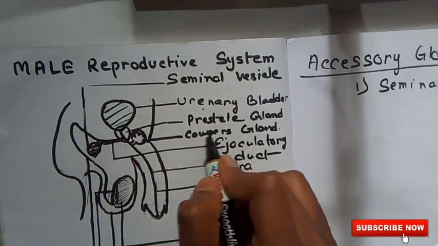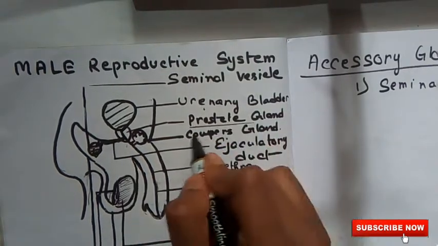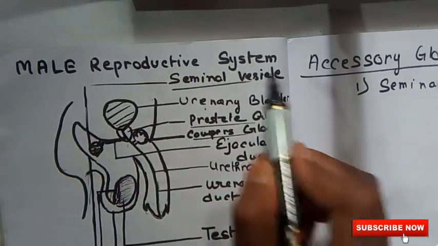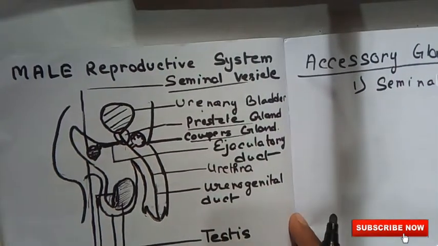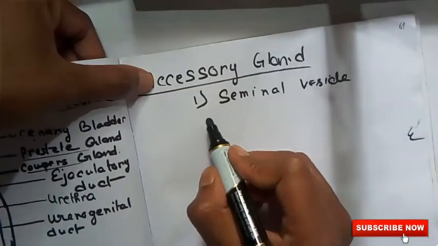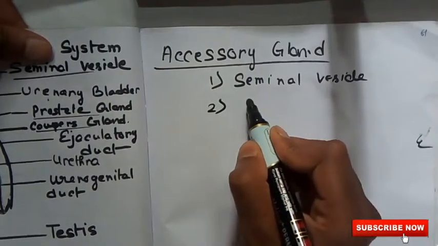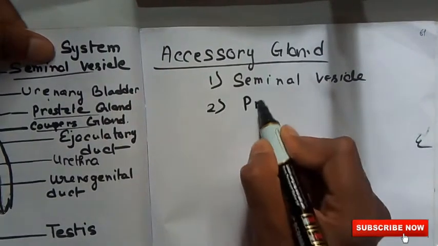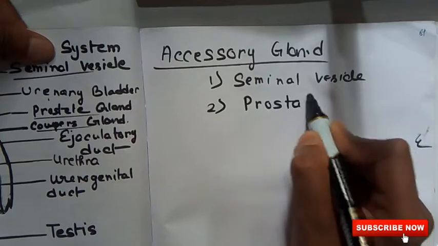So these three are the seminal vesicle, number two prostate gland, and number three is Cowper's gland.